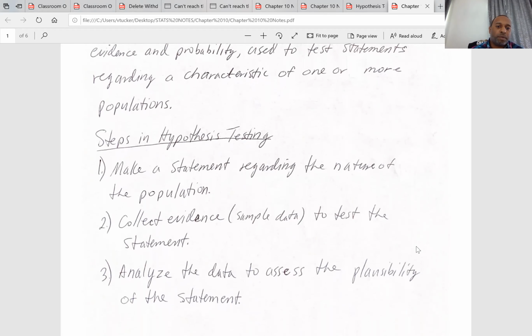You're going to make a statement regarding the nature of the population, collect evidence, which is sample data, to test the statement, then analyze the data to assess the plausibility of the statement. All right, we scroll up.